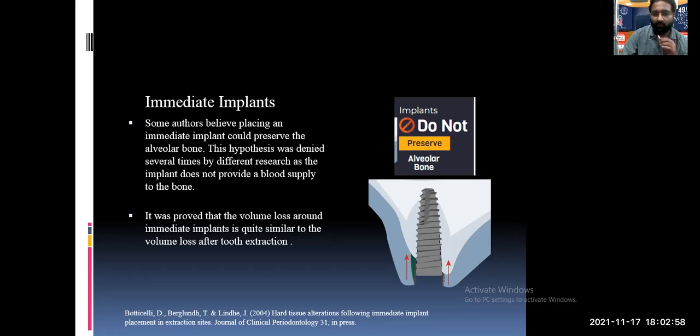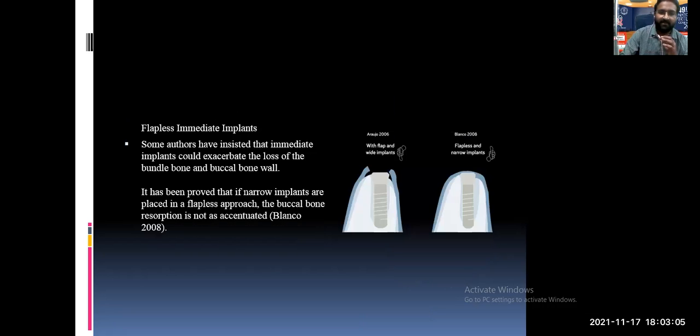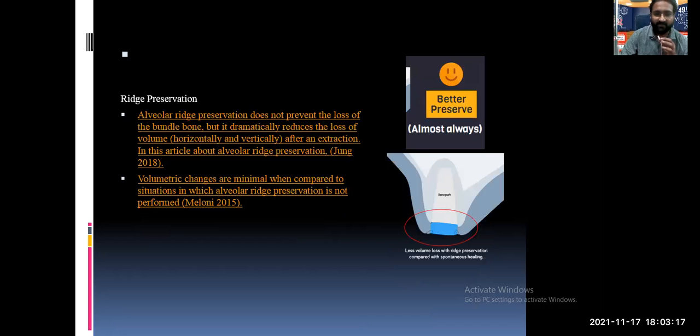It was proved that the volume loss around the immediate implant is quite similar to the after effects of the tooth extraction. Another experiment was wider implants with flap elevation and narrow implants without a flap. This also did not have any positive effect on bundle bone preservation.